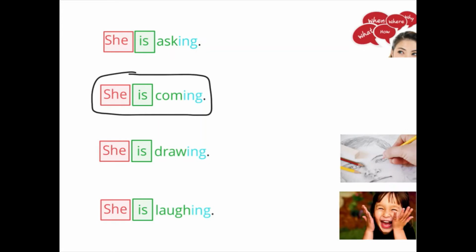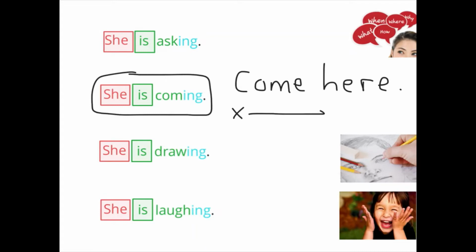I do not have a picture for this sentence. I think the Chinese for come here, when we say come here, is guo lai, but maybe I'm not saying that right. Coming is like going. There is moving from one place to another place. And the person standing here is asking this person here to come to them. And then we would say, this person is coming.